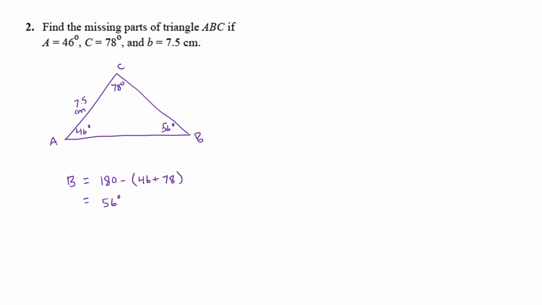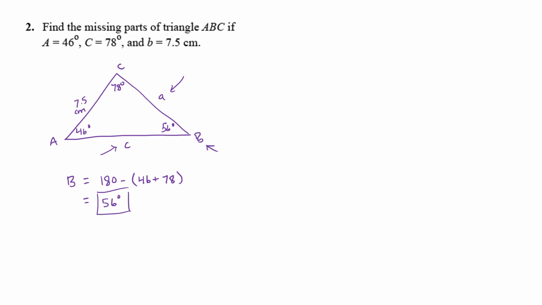Now that I have all my angles, because I was given two, I know that my other two missing parts are the length A and the length C. Those are the two other missing parts that I need to identify, because I have identified the angle B, and that came out to be 56 degrees.